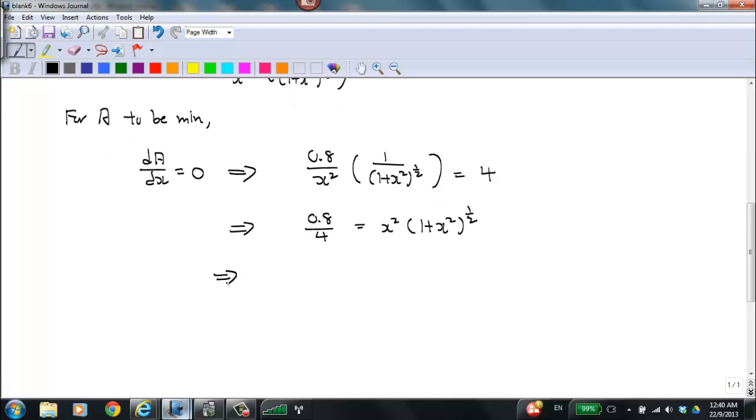To solve for x, I have to square both sides. Now this is actually equals to 0.2. So squaring both sides, the equation I need to solve is x^6 + x^4 - 0.04 = 0.